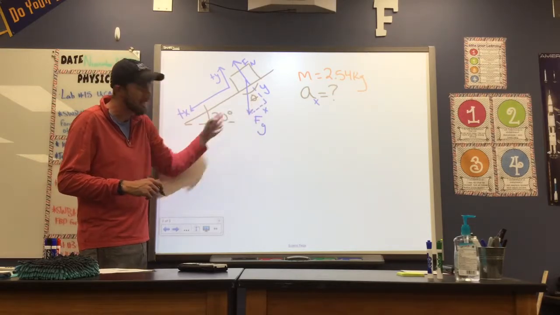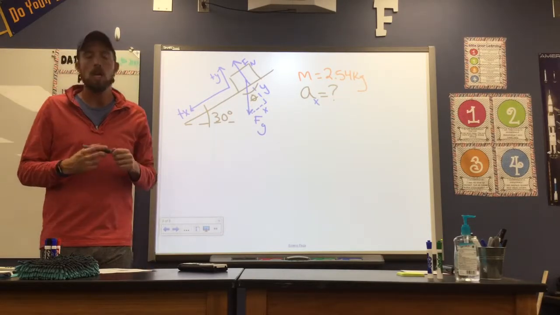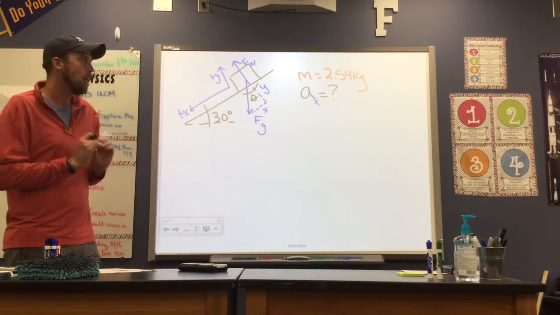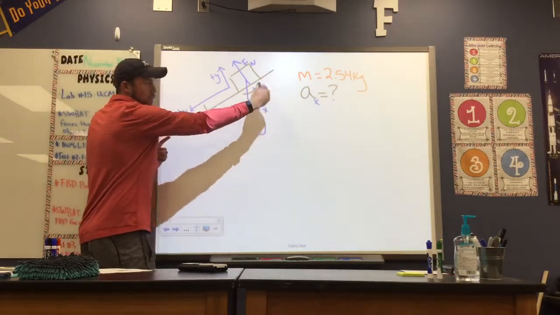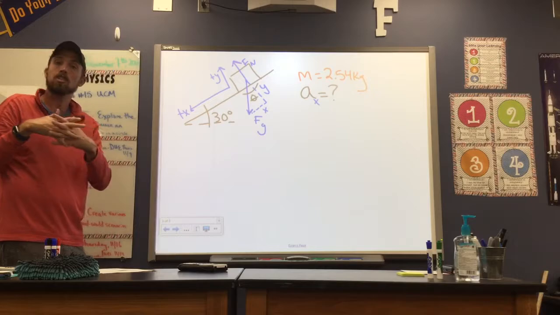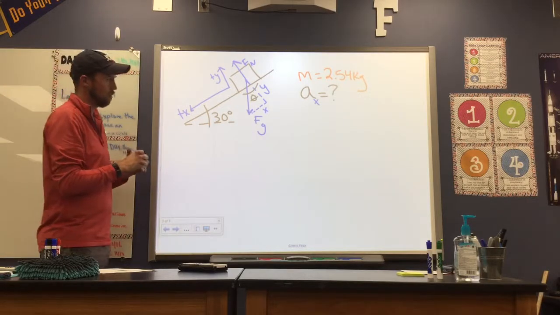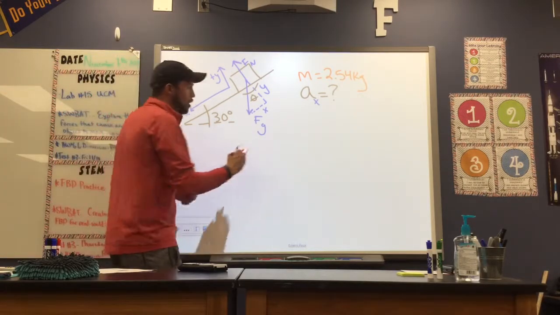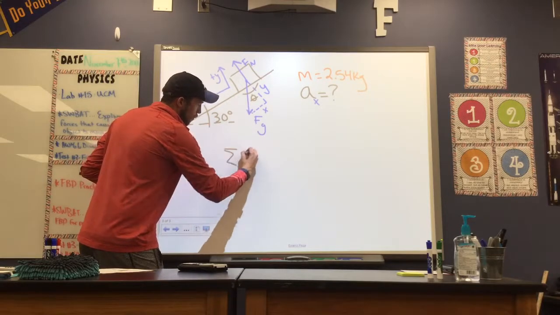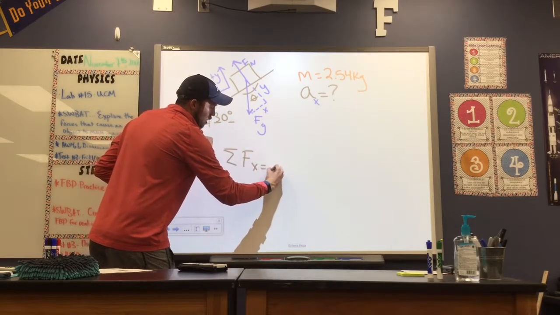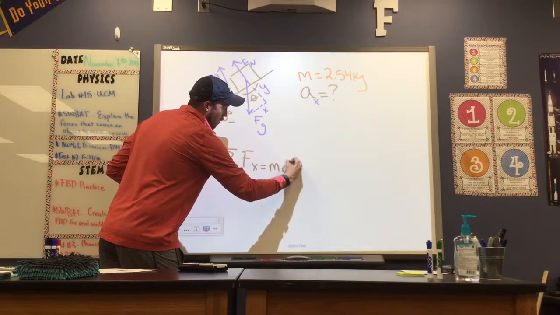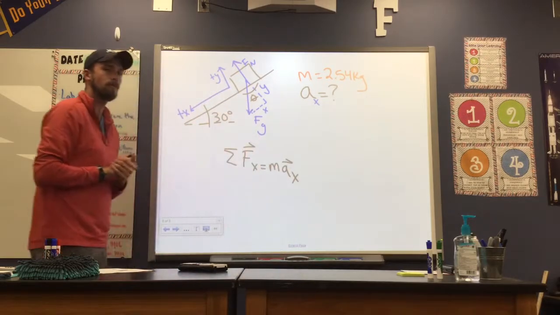It's just this component in the x direction. So that's where we want to focus. We want to find the force of gravity in the x direction and use that to find our acceleration in the x direction. So I'm going to write out my equation for Newton's second law. Sum of forces in the x is equal to mass times acceleration in the x direction.